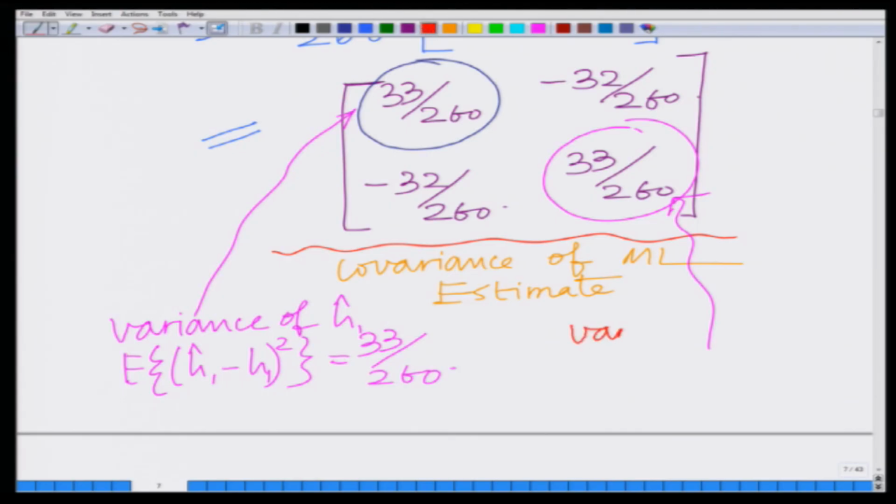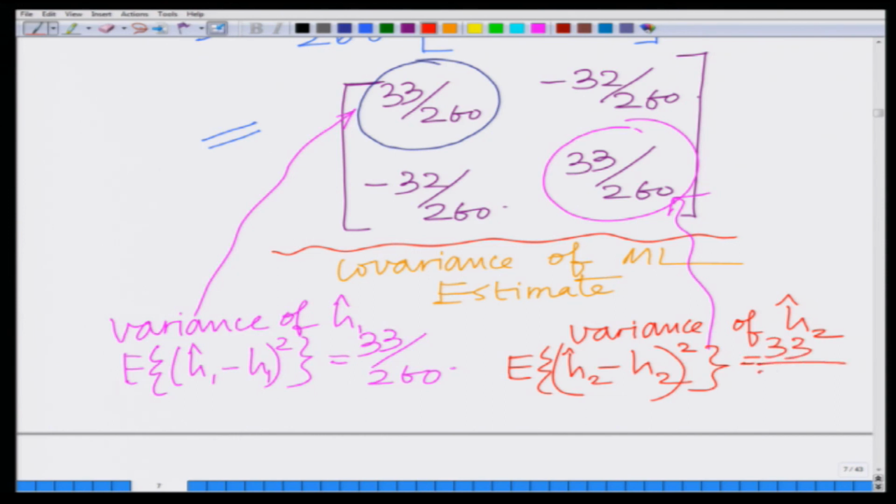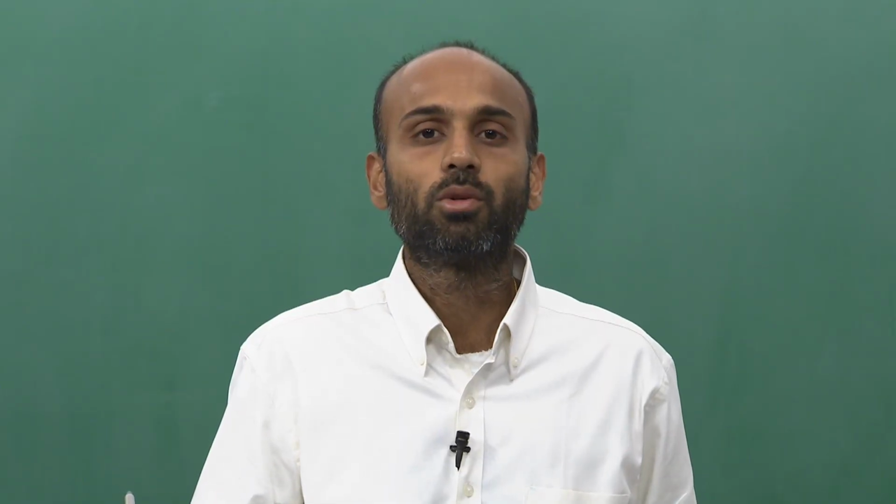So, this is the variance of H2 hat, which is the 2 comma 2th diagonal element. That implies that the expected value of H2 hat minus H2 whole square is also equal to 33 divided by 260. All right. So, we have calculated the covariance and also the variances of the individual channel estimates.